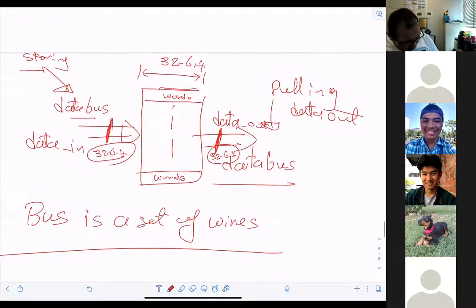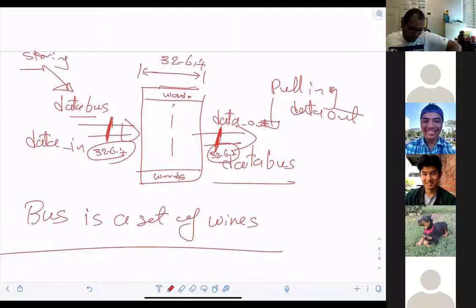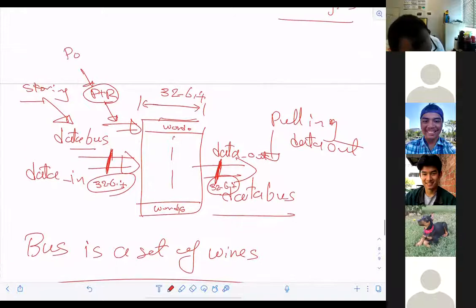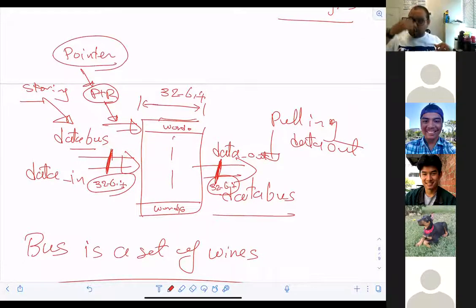So now, I know how I can push data and how I can pull data out, but I have no idea how I'm going to select words inside the memory, right? So in that case, I need what? This gentleman, PTR. You guys use it. What's it called? Pointer. So the pointer in software, if you go to hardware, it's called what?